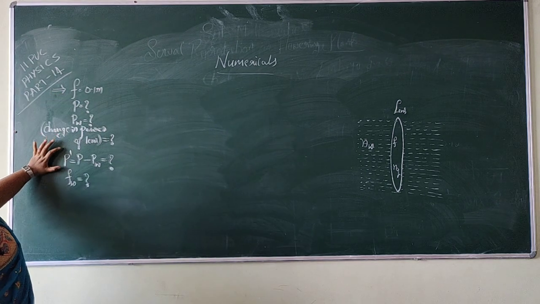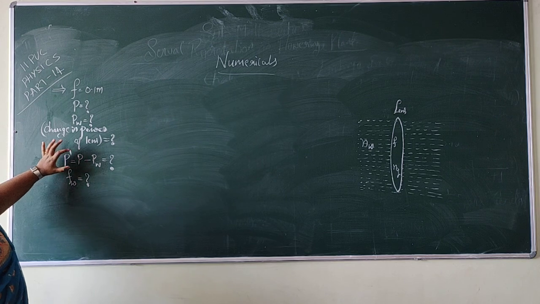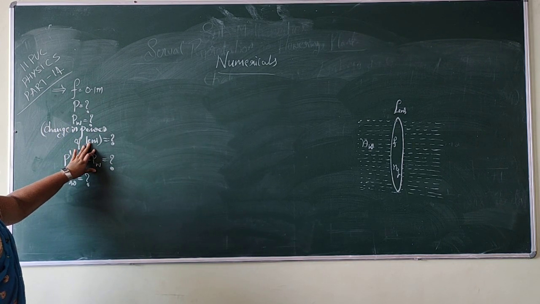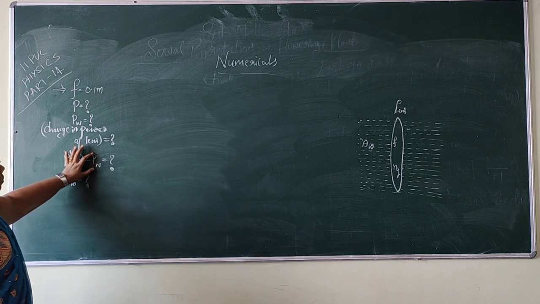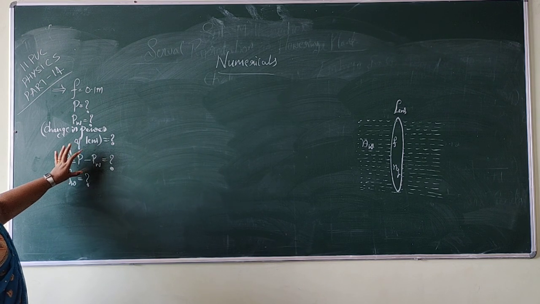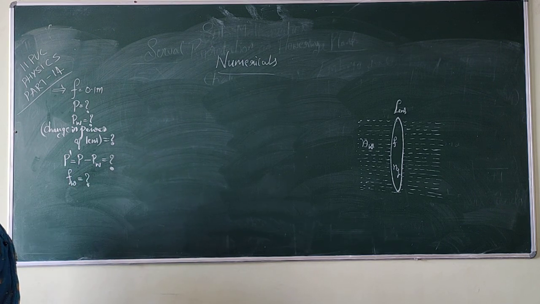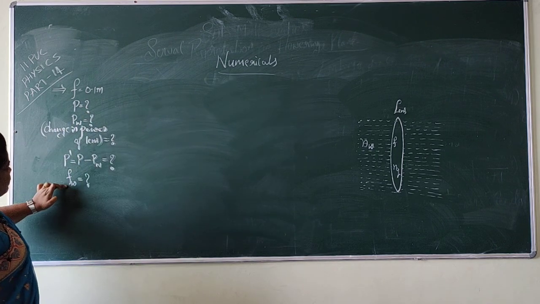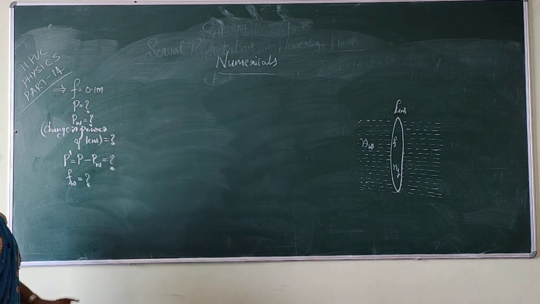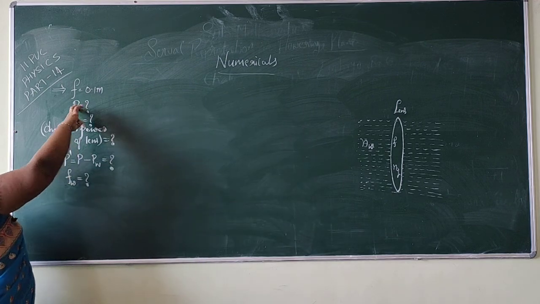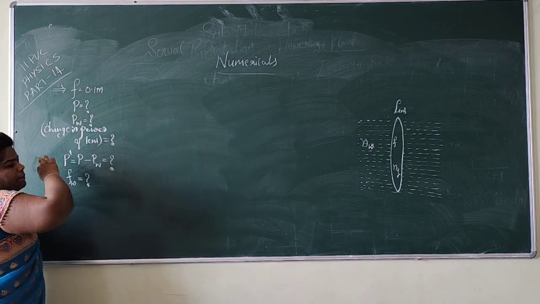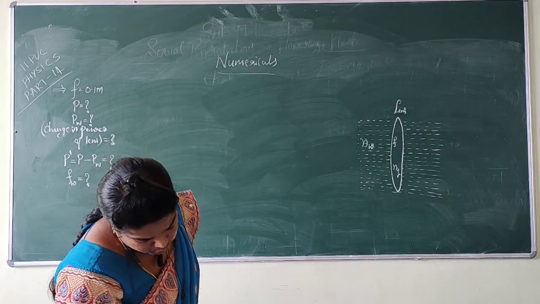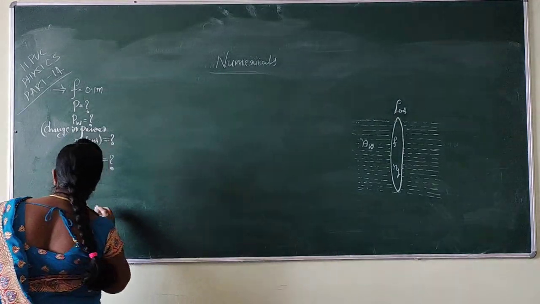So to calculate the change in power of a lens, P minus PW, that is, P we can calculate. Then we should know PW. What do we need for PW? To get power of a lens in water, we should first calculate the focal length of a lens in water. So how many times we should calculate? P, FW, PW and then P dash. See, first calculate P, then FW, then PW, then P dash. Next, what are the given values? Let us see. Ng is equal to 3 by 2 and Nw is equal to 4 by 3.